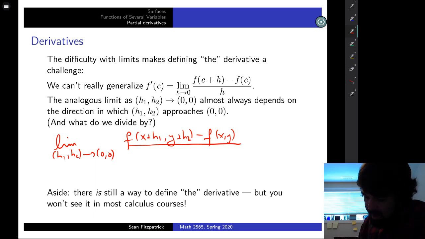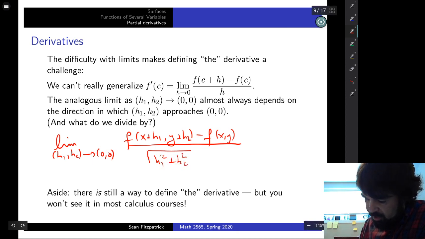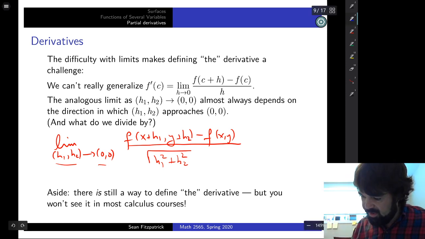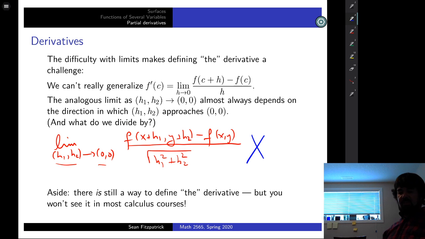It turns out later on that one of the things that does make sense is you divide by the distance, so the square root of h1 squared plus h2 squared, how far away this point is from the origin. But this does not work. This fails. The main reason it fails is you get different answers along different paths.